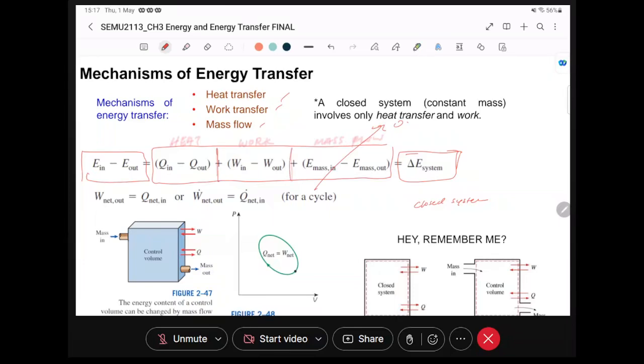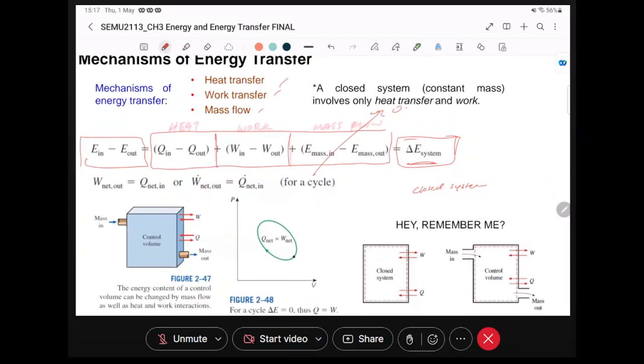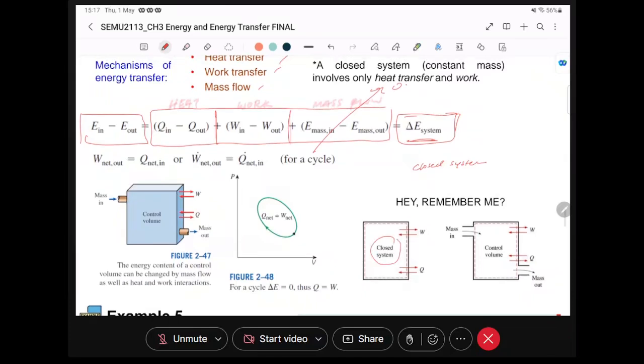What it says is the change in the energy in the system is equal to the difference between the in and out heat plus the difference between the in and out work.